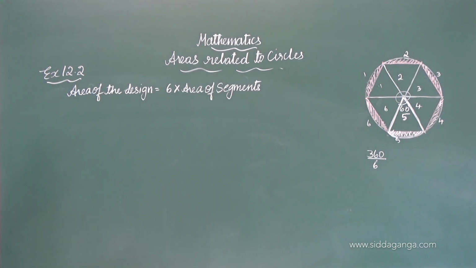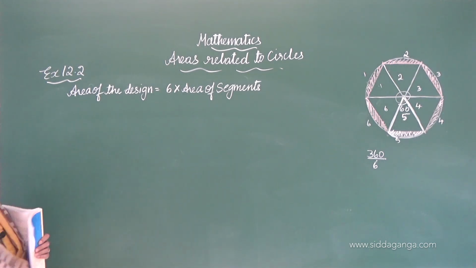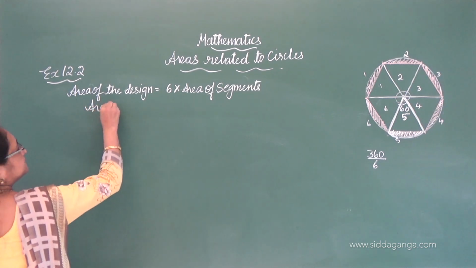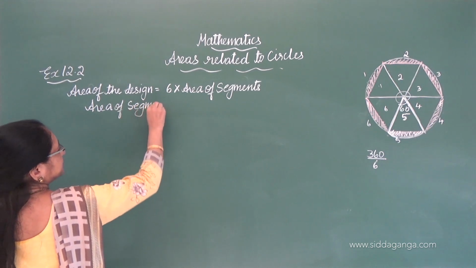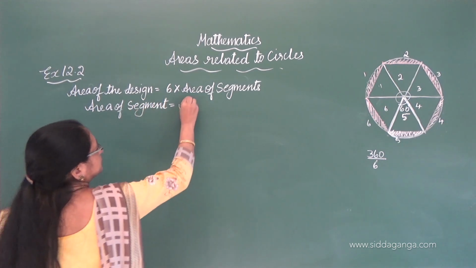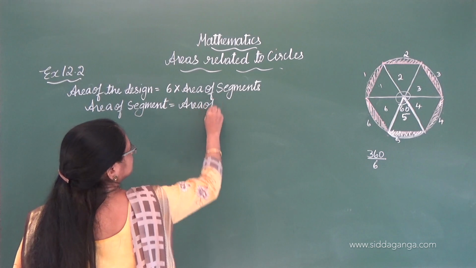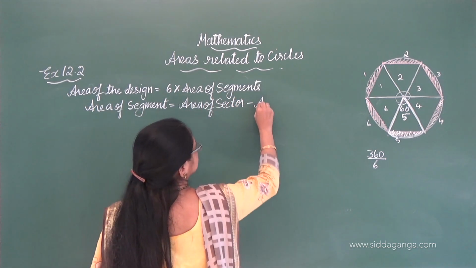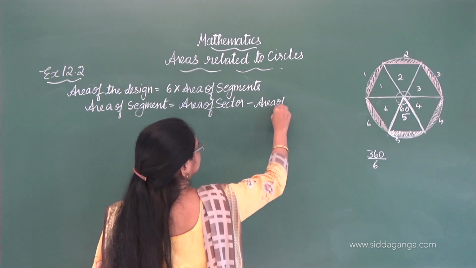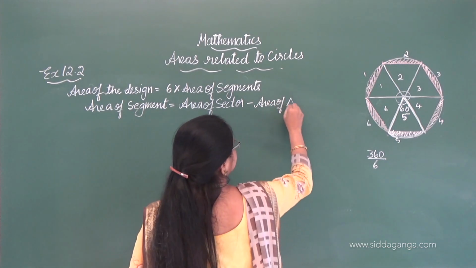Next, area of segment. Area of segment means, as you all know, area of sector minus area of triangle.